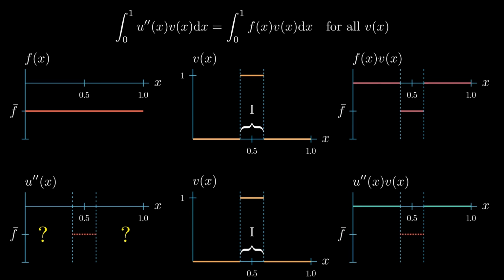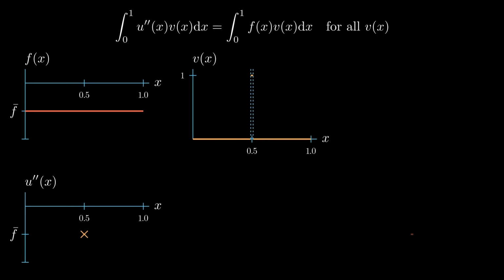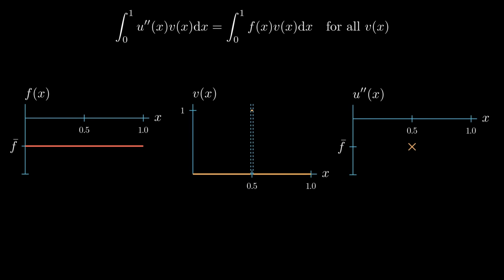Can you see where this is going? We can decrease the interval even further, and in the limit we will see that we are very certain about where u double prime must take the value f bar. Let's step back for a second and see what we have achieved.